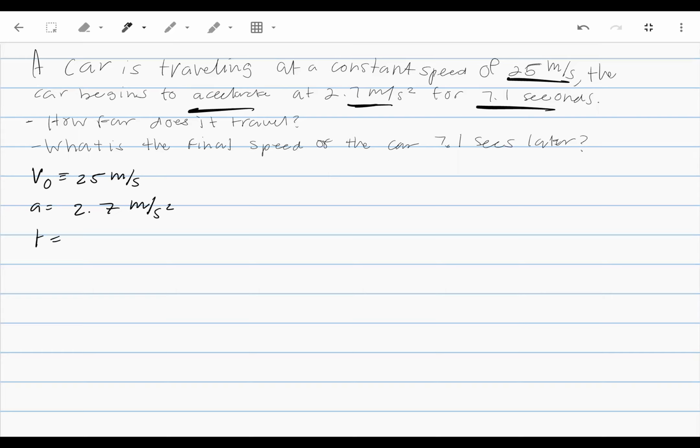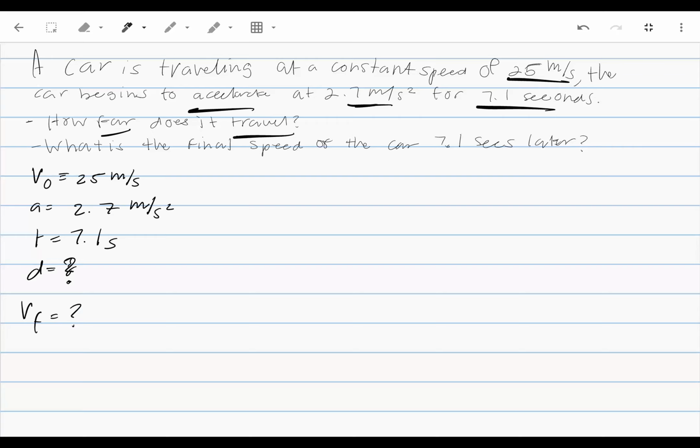The time is 7.1 seconds. And they ask us how far it travels, so we know that is distance, so that's a question mark. And they want to know the final speed of the car 7.1 seconds later, which would be your final velocity.